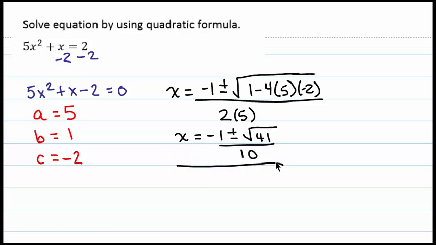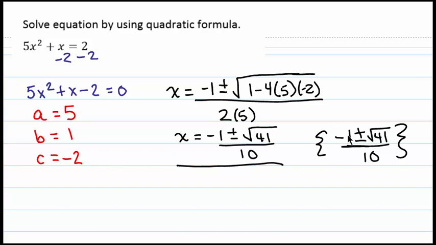Can I separate my fraction? Absolutely, you can separate your fraction. But I'm just going to go ahead and say negative 1 plus minus the square root of 41, all divided by 10. Don't forget to make sure that your division is all the way over that negative 1 also, or all the way under.